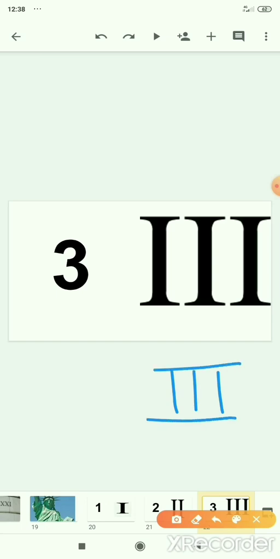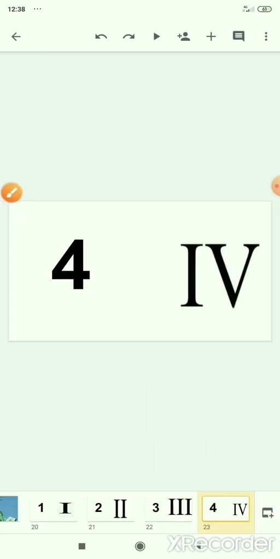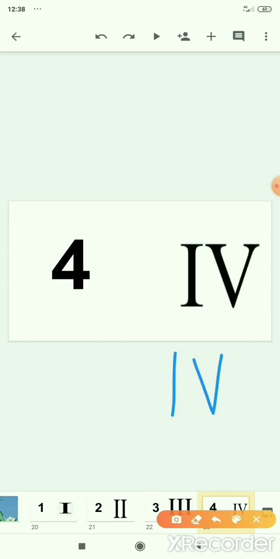Now there are 3 lines with V, which is equal to 8. The 9 is I and X. 1 means I, and X. That is 9. And for 10, there is only X. It is 10.